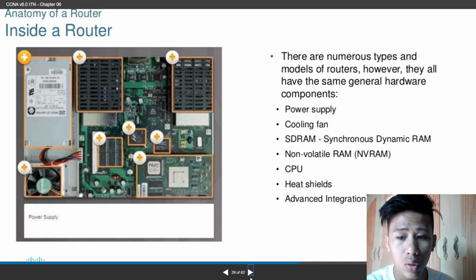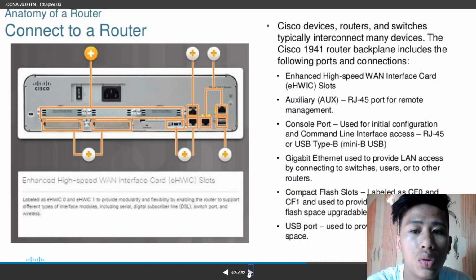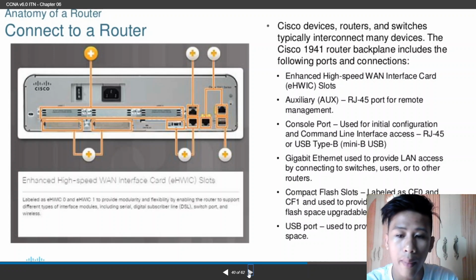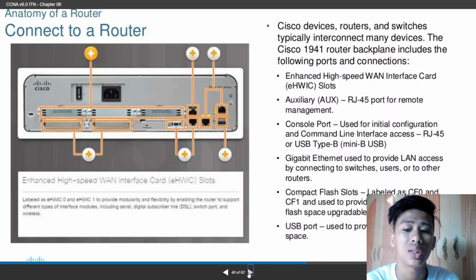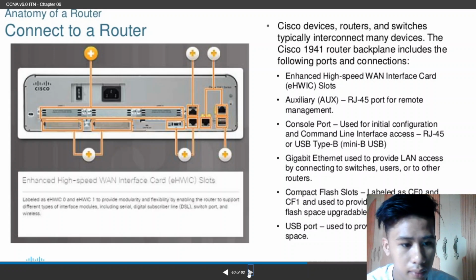The advanced integration module, or AIM, connects to the router, which includes the high-speed WAN interface card, auxiliary or AUX port, console port, and Gigabit Ethernet used to provide LAN access by connecting to switches, users, or other routers, as well as the USB port and compact flash slots.